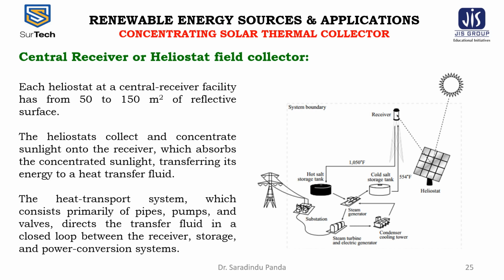The heliostats collect and concentrate sunlight onto the receiver, which absorbs the concentrated sunlight, transferring its energy to a heat transfer fluid. The heat transport system, which consists primarily of pipes, pumps, and valves, directs the transfer fluid in a closed loop between the receiver, storage, and power conversion.